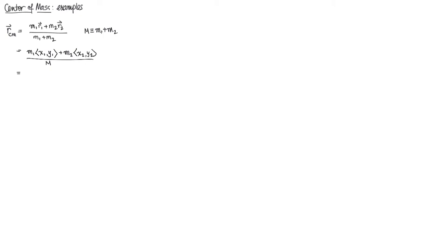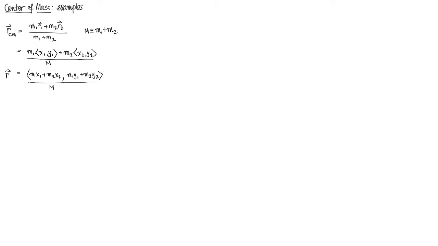And so when we combine this all together, we get m1 x1 plus m2 x2 in the x direction, and m1 y1 plus m2 y2 in the y direction, all over M.